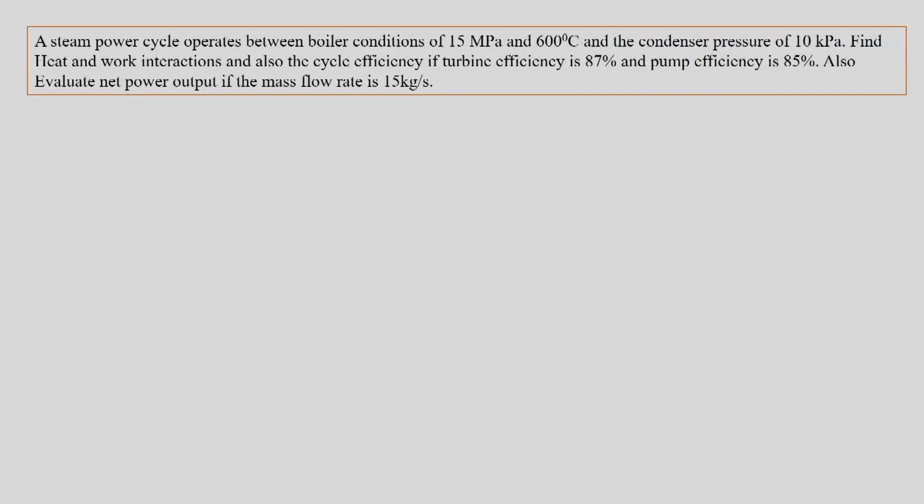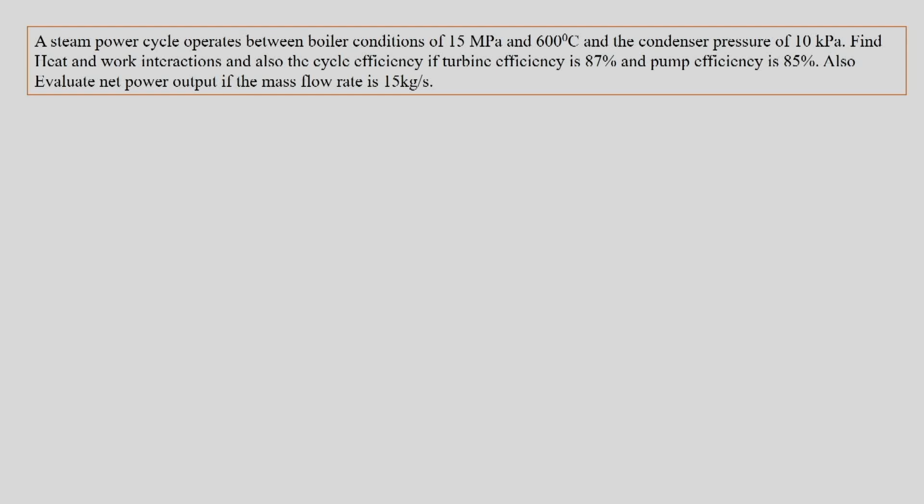We will move to the next example, and this example reads that there is a steam power cycle in which boiler conditions or turbine inlet conditions are given as 15 megapascal, 600 degrees Celsius and condenser pressure as 10 kPa. Find out heat and work interactions and also cycle efficiency if turbine efficiency is 87% and pump efficiency is 85%.